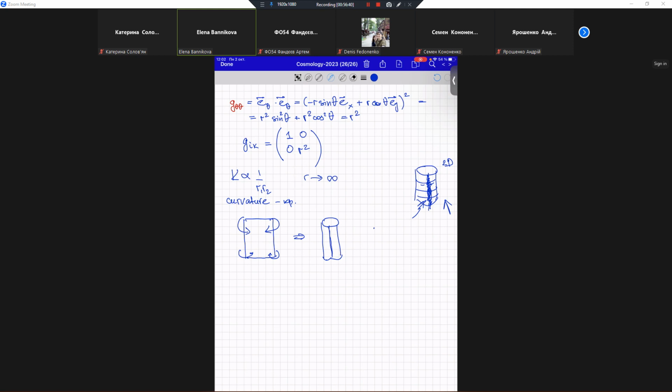Otherwise, if there is no such line where we connect the left part with the right part, we have some cut.